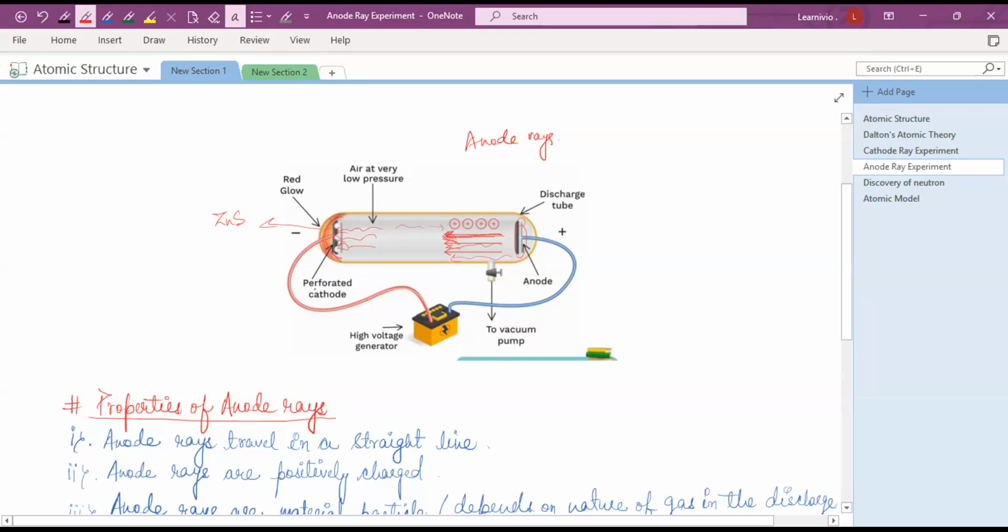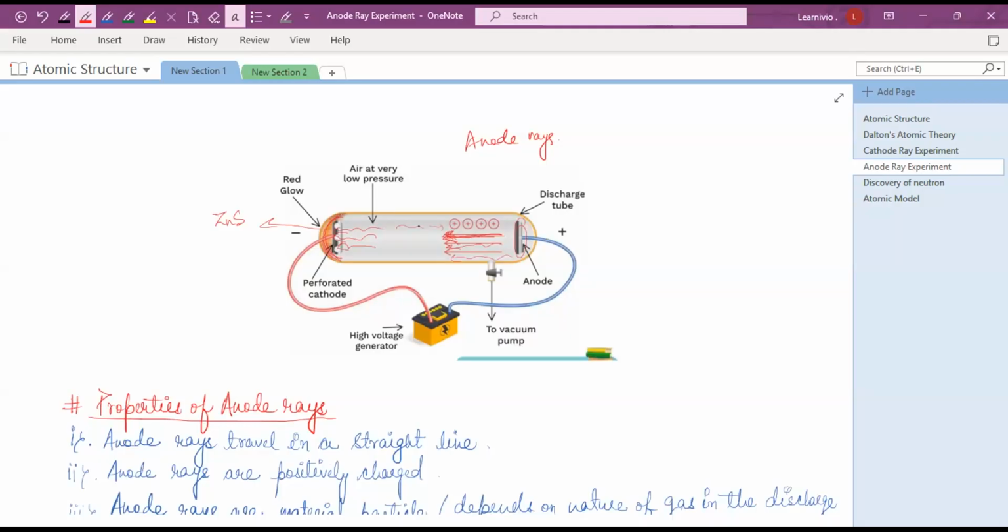Means when high voltage was applied, what will happen? Some rays will be coming from here, and this will ionize hydrogen. For example, suppose hydrogen gas is filled in this discharge tube. So that will ionize, and some particles were coming out from the hydrogen gas, right? So simply we can say that these positive particles are coming from the hydrogen, the hydrogen material, gas.